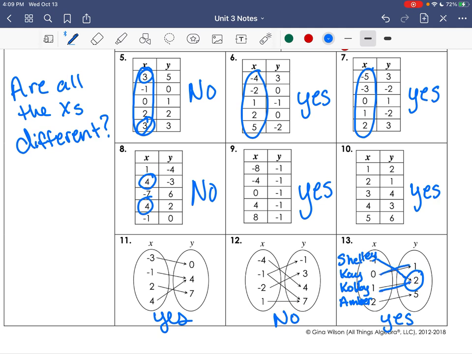Let's say Kaylee had to go to the doctor and Amber was sick and stayed home. Colby and I can come to school together. We did. So don't let the y's mess you up. You don't even want the y's. Don't even look at them. You're just looking at what x is doing.